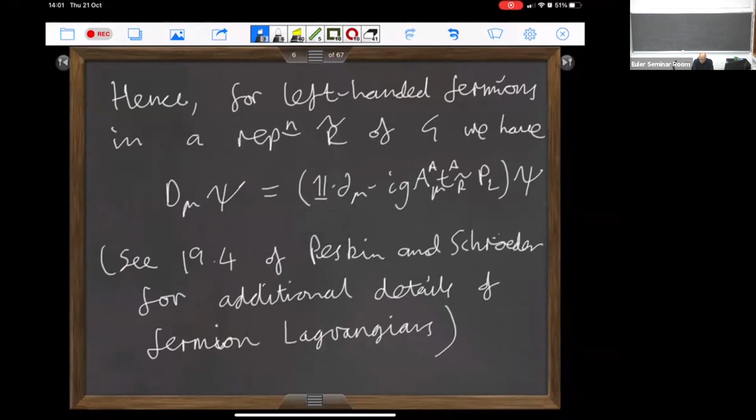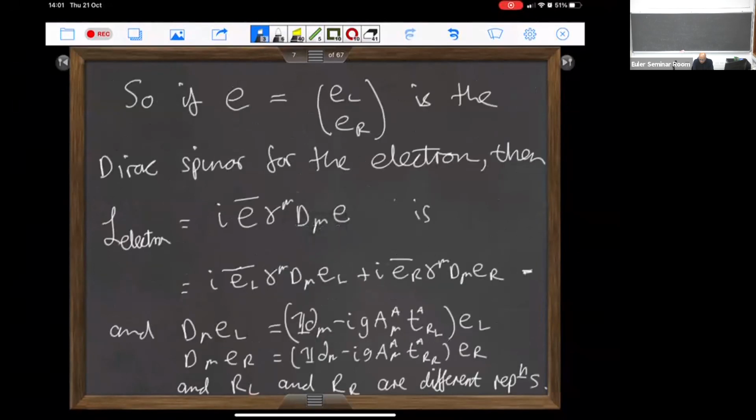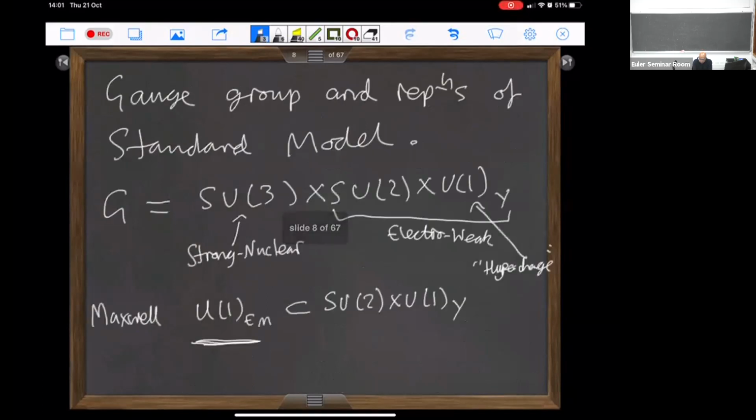One of the main technical points is that the left-handed Dirac fields, the left-handed fermion fields, transform in a different representation to the right-handed ones under the standard model gauge group, which is locally SU3 times SU2 times U1.